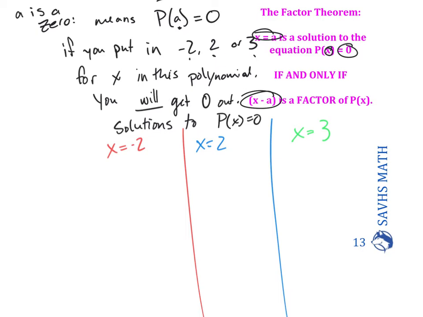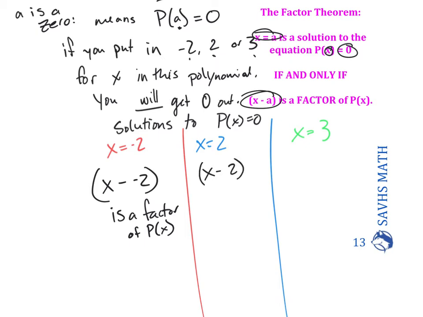So if we know X equals -2 is a solution, then we can say X minus -2 is a factor of P of X. Here we can say X minus 2 is a factor. And we can say X minus 3 is a factor of P of X.